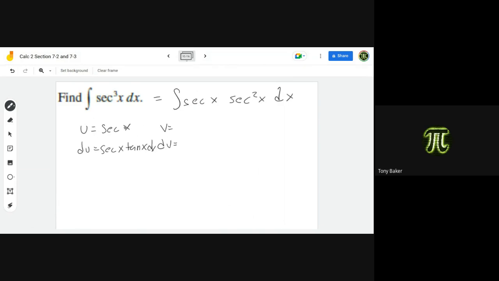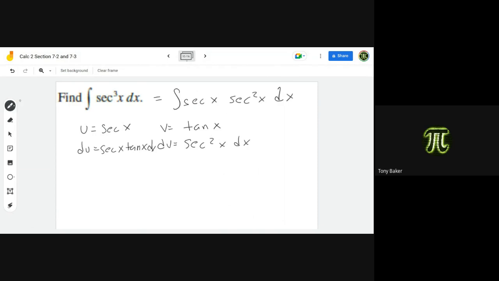I can't do the integral or derivative of secant squared x. Well, you can, but you have to do the chain rule. I could do this easier. Because we know that the derivative of tangent x is secant squared x, so the integral of secant squared x is tangent x.